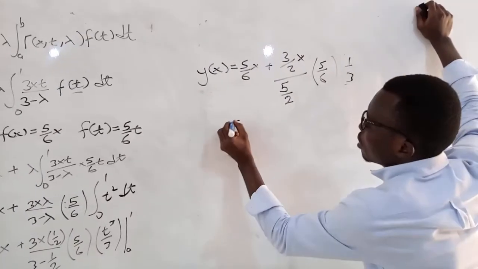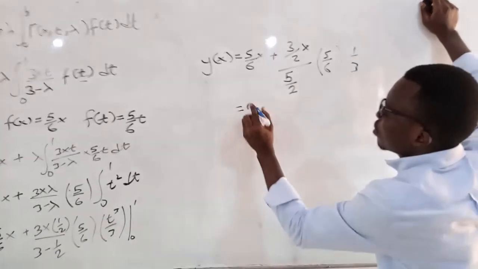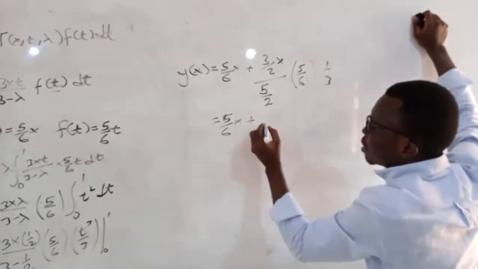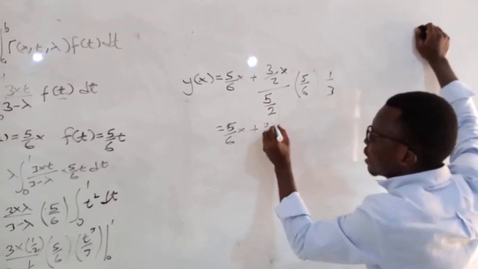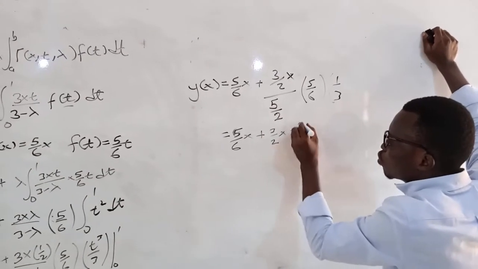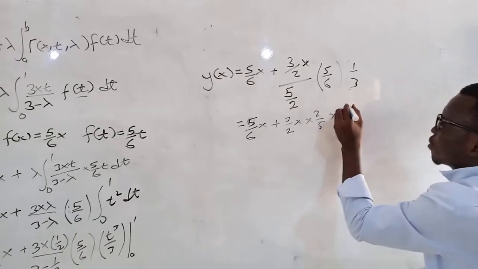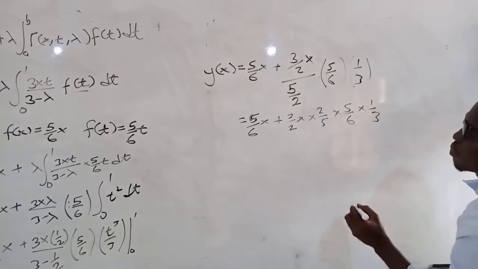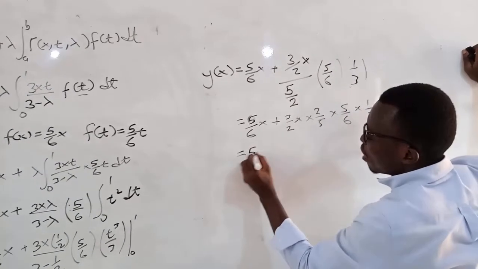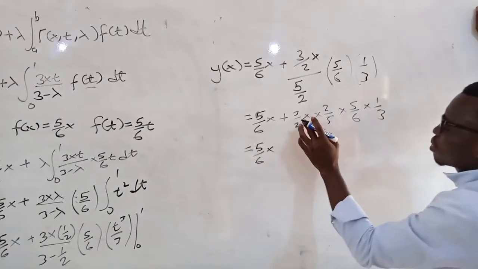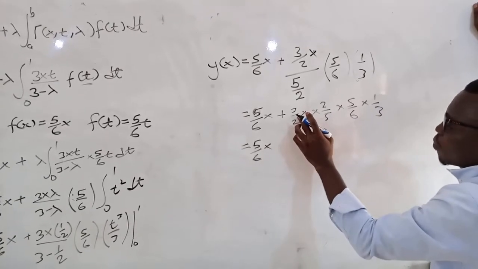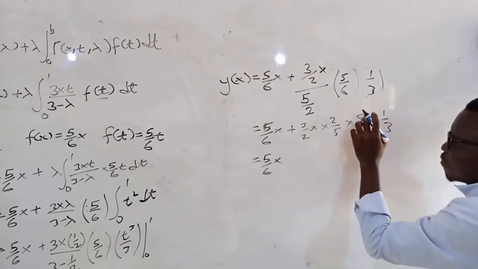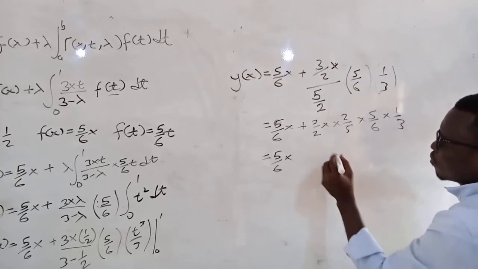So this is the same as 5/6 s plus 3/2 s times 2/5 times 5/6 times 1/3. The 3s, these 2s cancel, and this 5 also cancels this 5.